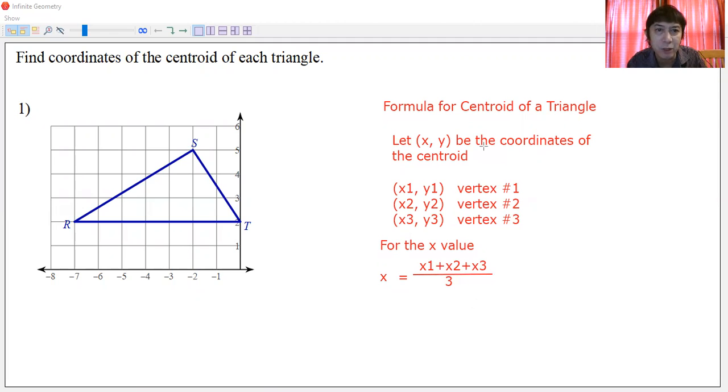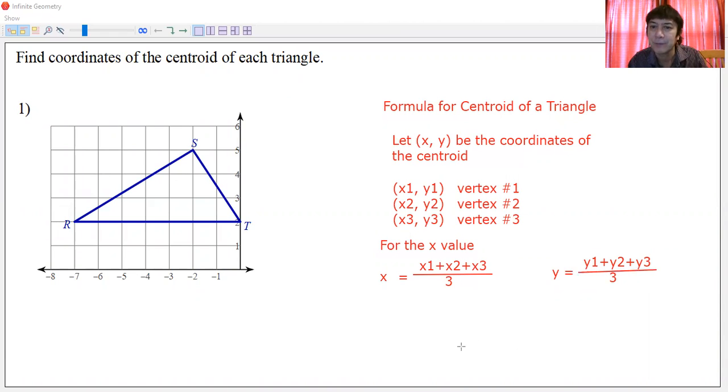So we continue with the y value. For the y value we have y1 plus y2 plus y3, and this is to be divided by, of course, 3.